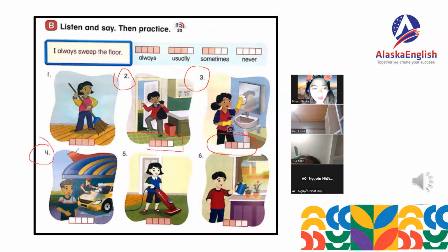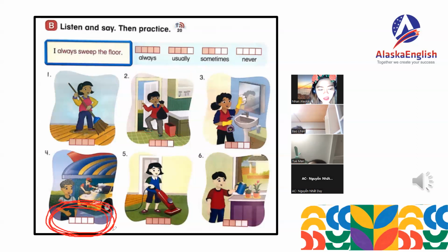Good. Number four, Baoling. I never wash the car. Good. How about Tweeman? Number five. I always vacuum the carpet.